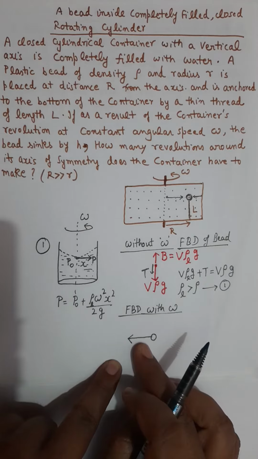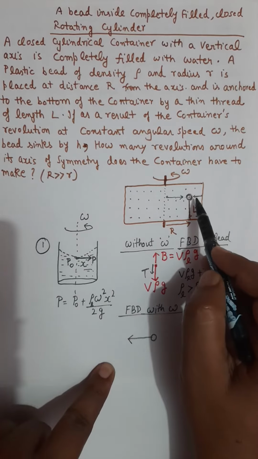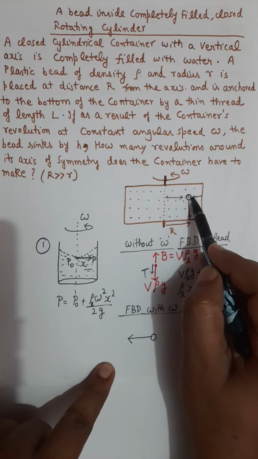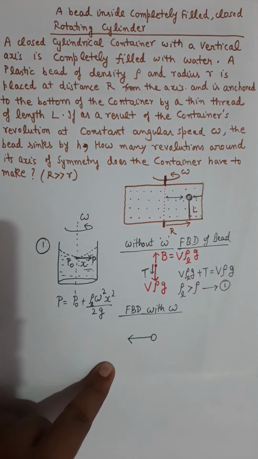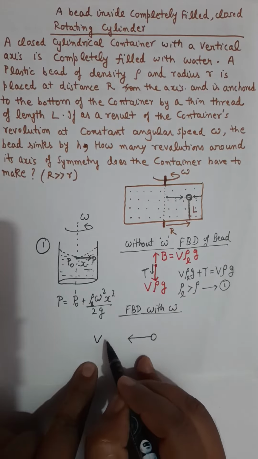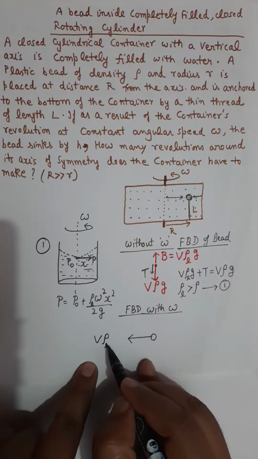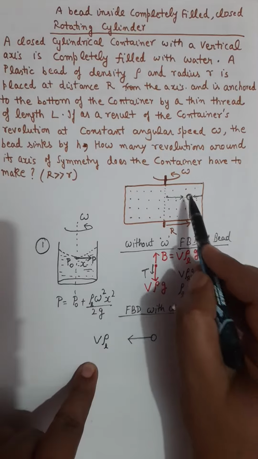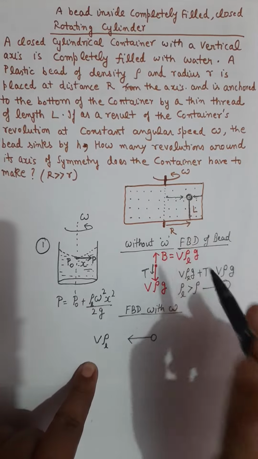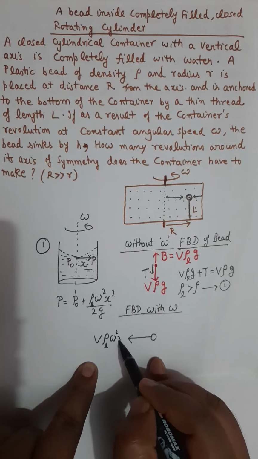and this force which is caused by the pressure difference on the left and right side of this bead is known to be buoyancy, and this is calculated by volume multiplied by density of liquid and then the acceleration at this point, which is omega square times small r.